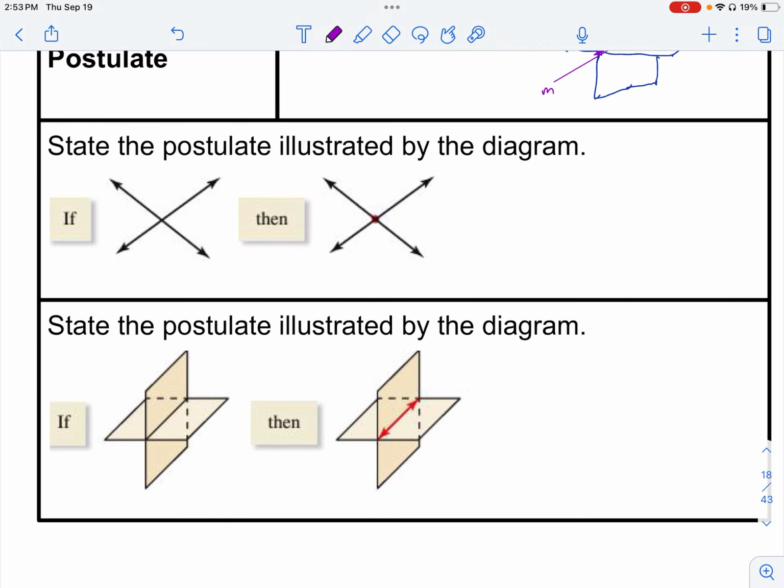So let's look at the diagram and then state the postulate that we just went over. If 2 lines cross, then they cross at exactly 1 point. That is the line intersection postulate.